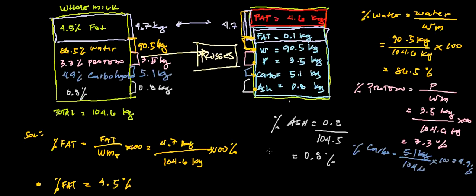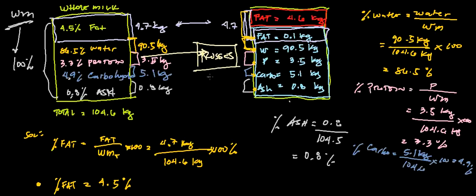So all in all, the whole milk contains this percentage: 4.5% fat, 86.5% water, 3.3% protein, 4.9% carbohydrate, and 0.8% ash.